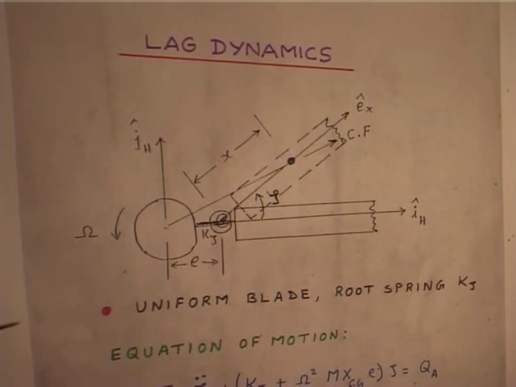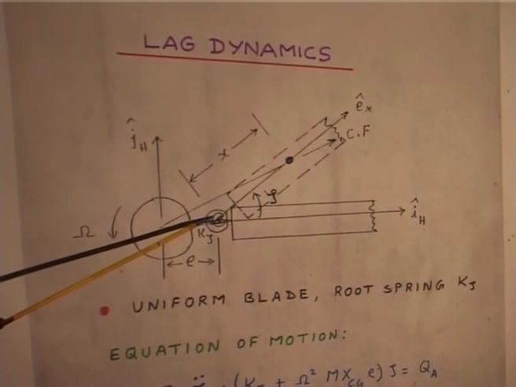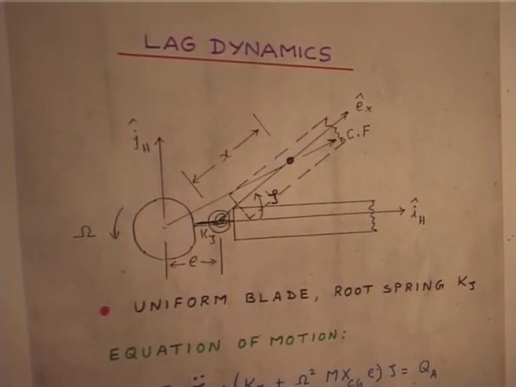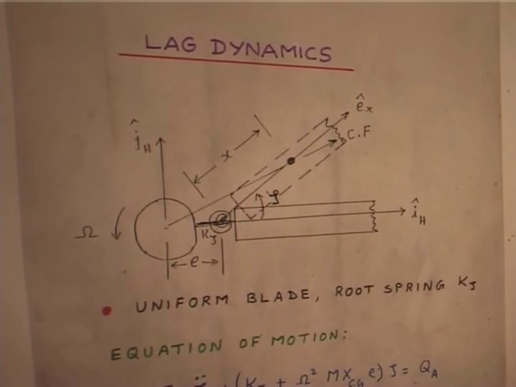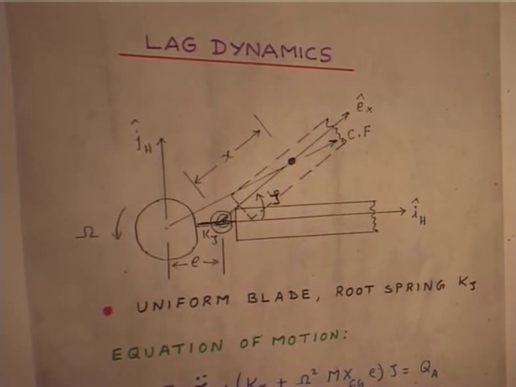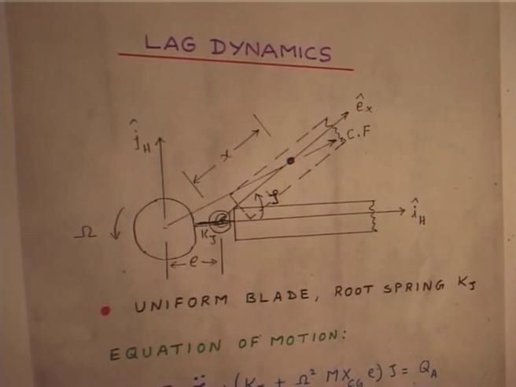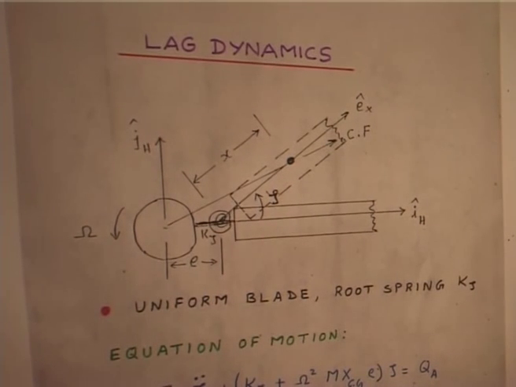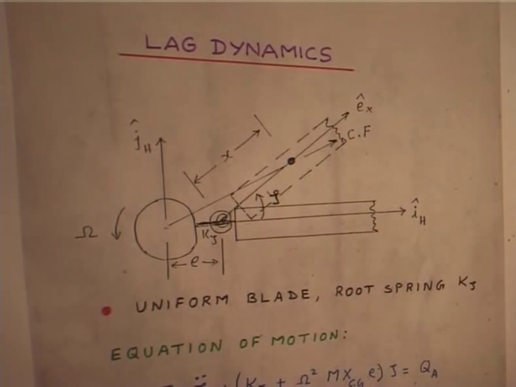So, you put a spring with a hinge offset. Now, like you have flap natural frequency, rotating flap natural frequency, you will have a rotating lag natural frequency, because this is a dynamic system, but what is that value?